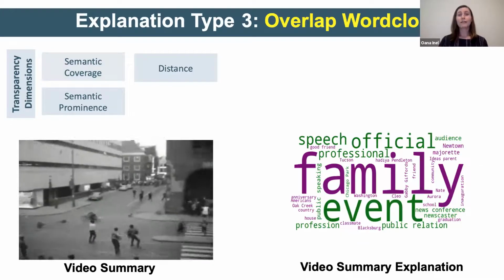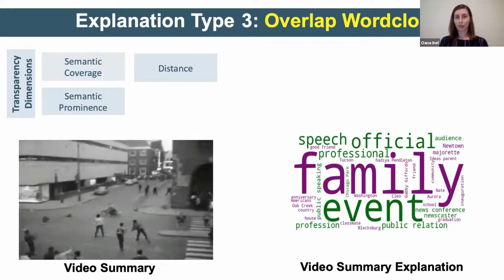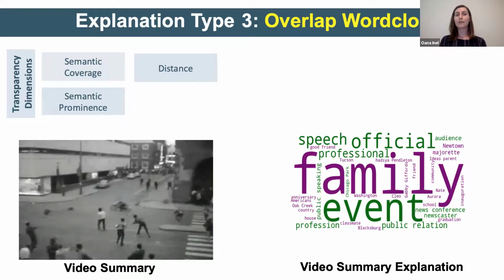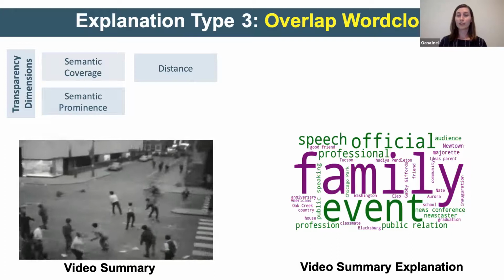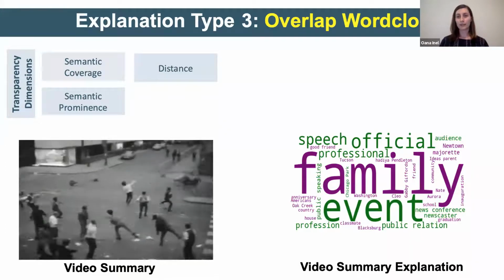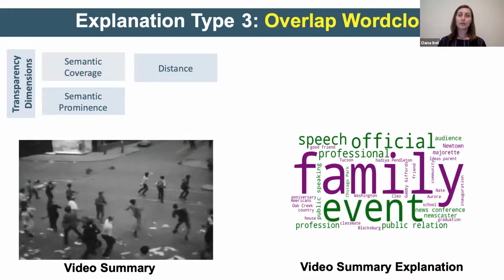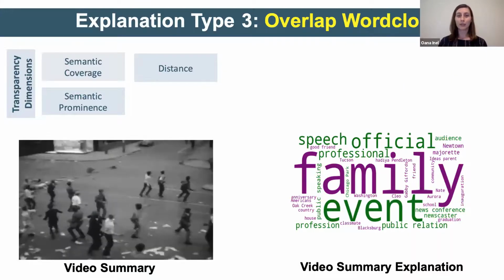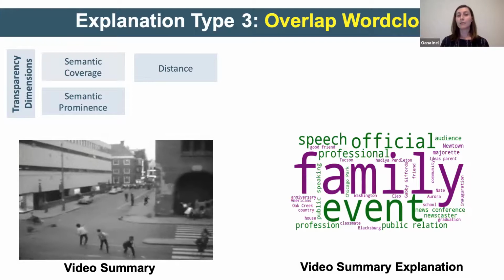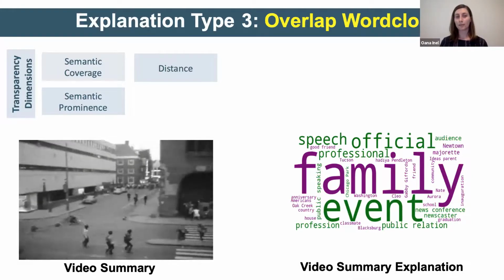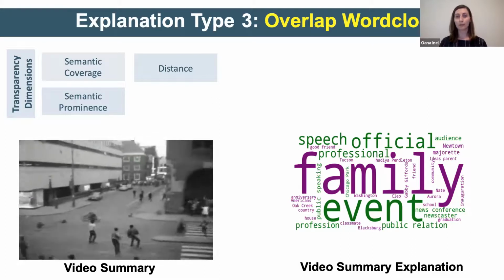Next, we have the explanation overlap word cloud, which represents the dimensions of semantic coverage, semantic prominence, and distance. This explanation summarizes the main concepts depicted in the video summary in green and the main concepts in the original video that are not covered by the summary in purple in the word cloud.